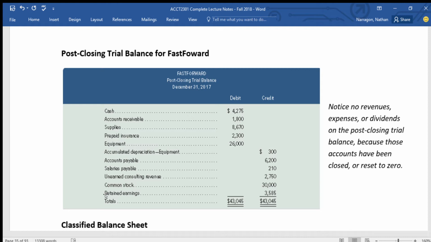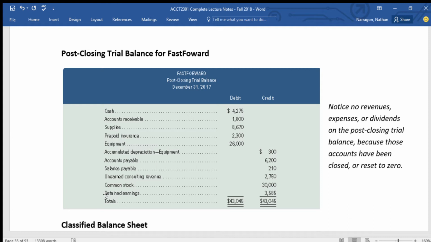So again, we have all of our accounts that are related to our balance sheet here. And that includes the cash, the receivable, supplies, prepaid insurance, equipment, the accumulated depreciation, accounts payable, salaries, unearned revenue, common stock, and retained earnings.